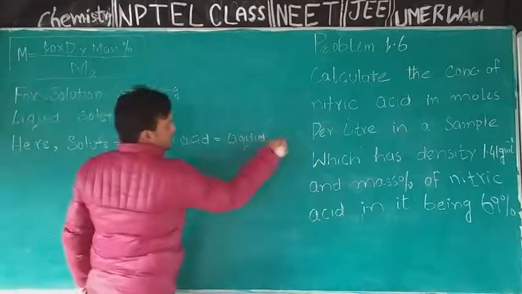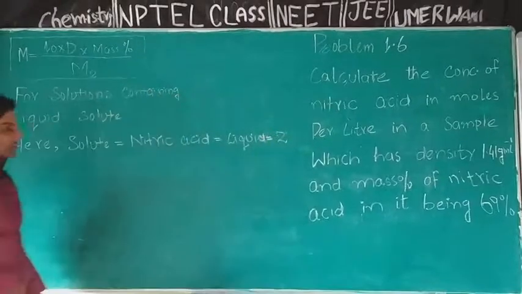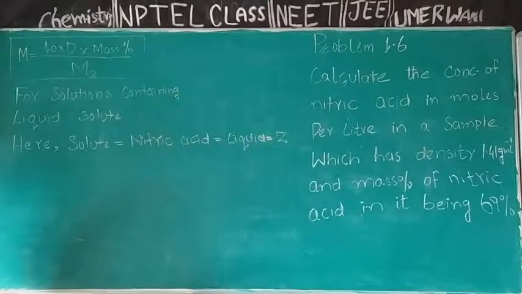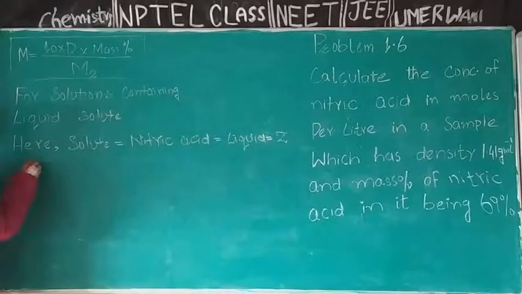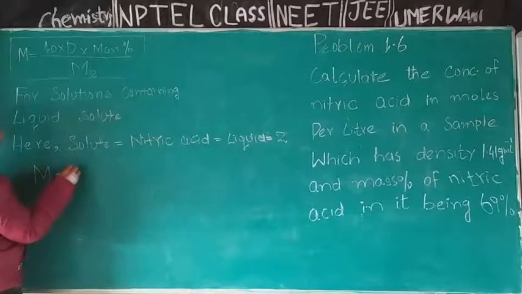Yesterday I told you that in a binary solution the solute is represented by 2 and the solvent is represented by 1. Therefore, I will now use this equation in order to calculate its concentration in mole per liter, that is, its molar concentration.